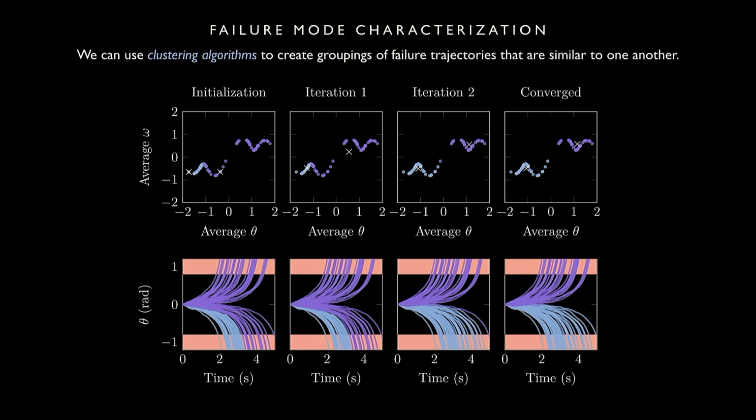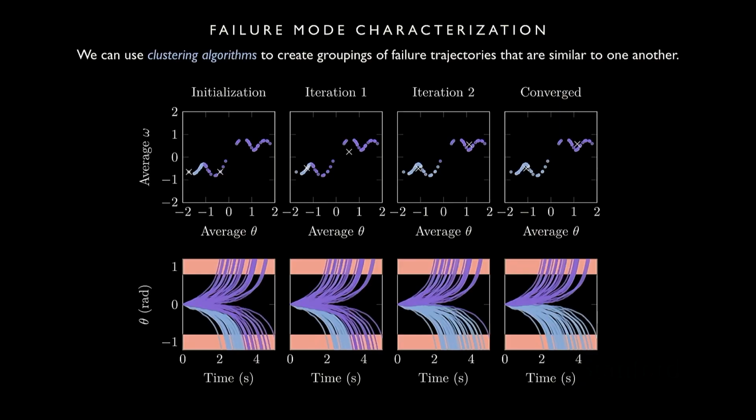And whenever you do this clustering, you need to pick what features you want to cluster based on. So here we're clustering all of our failure trajectories based on the average angle of the trajectory and the average angular velocity over the trajectory. And it turns out when we do that, we get these two really nice clusters. Nothing too crazy is going on here though, we just get a cluster where it falls over to the right and one cluster where it falls over to the left.